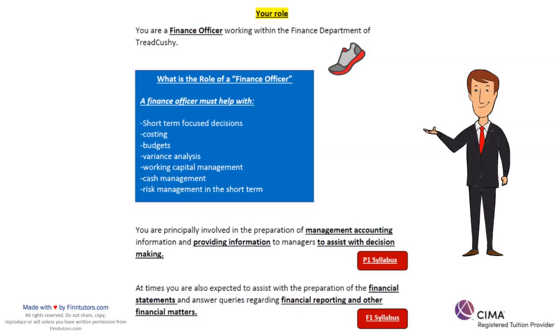All of this is part of your P1 syllabus, decision making, relevant costing. At times you will also be required to prepare financial statements or give your outlook, your understanding of financial matters. This directly links into our F1 syllabus. Throughout the way, we are going to point out syllabus areas whenever something important comes up.